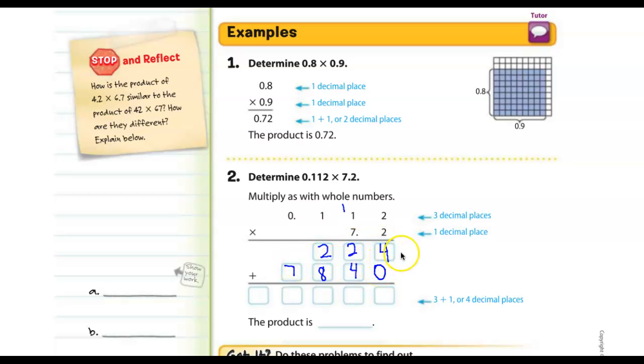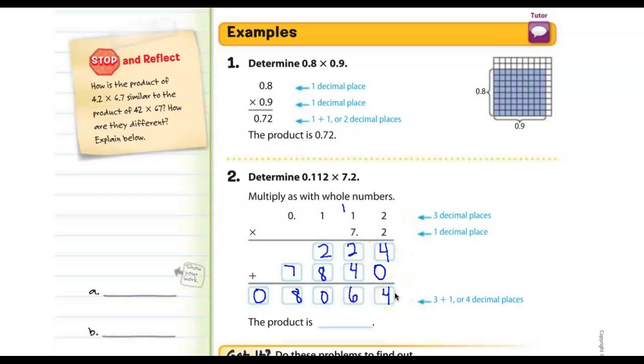The last step for multiplying 3-digit by 2-digit numbers is to add the two partial products together. I would like you to go ahead and do that for me, please. All right, when we add the two partial products, we get 8,064. And then as they've noted up here, there are 1, 2, 3 decimal places, and the second factor has 1.